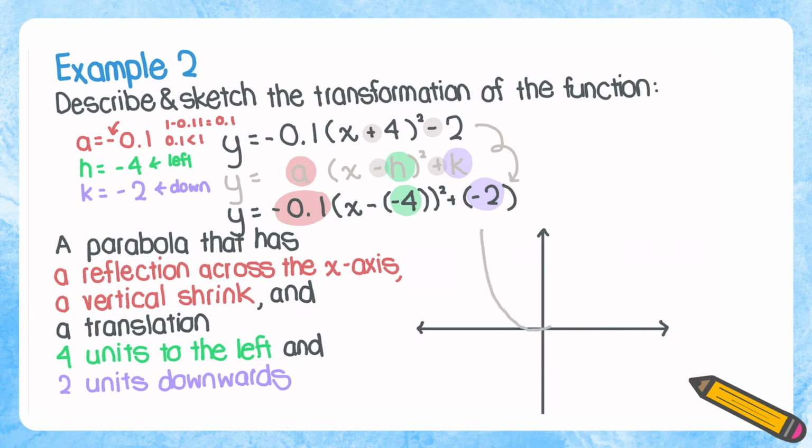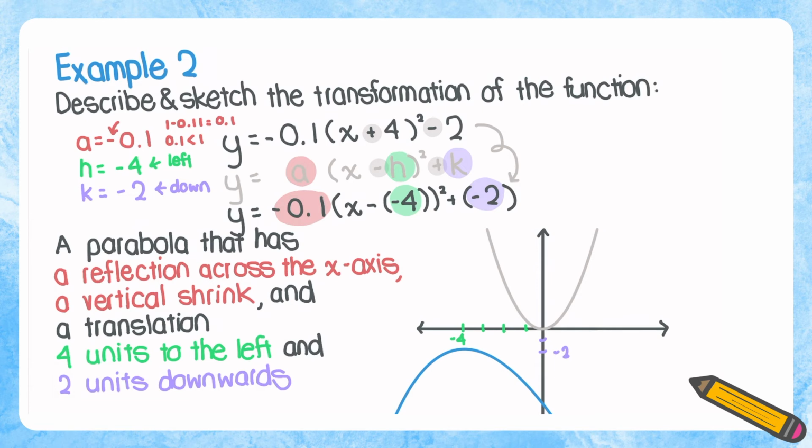So be like, okay, reflection across the x-axis, check that, vertical shrink, check. So here I know I'm moving the parabola 4 units to the left, 2 units downwards. I also know that the parabola is going to be flipped, so that's the reflection. And there's also a vertical shrink.